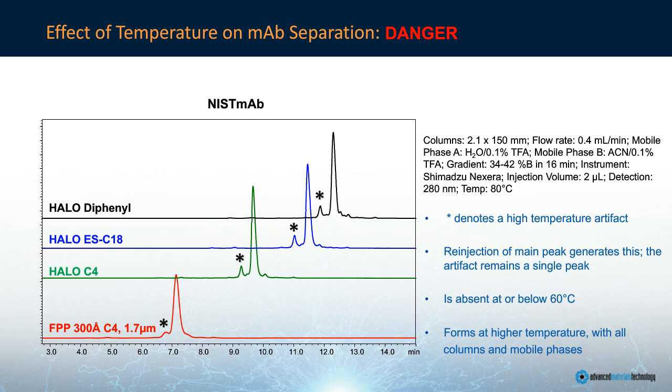This star denotes an artifact that was observed upon reinjection of the main peak. This artifact was generated, but depending on what temperature you operate, it may or may not be present. At or below 60 degrees, it was not apparent.